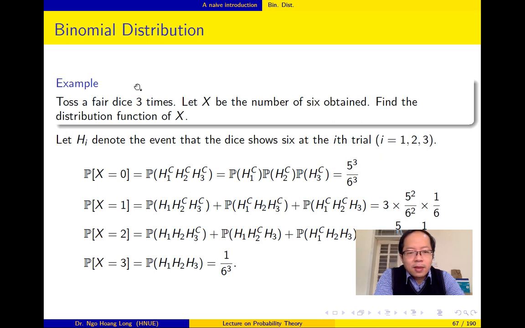Okay, so X is the number of 6s of the die when we toss it 3 times. So X can take values from 0 to 3, right? And we denote H1 as the event that the die shows 6 at the first try, H2 is the event that the die shows 6 at the second try, and so on.